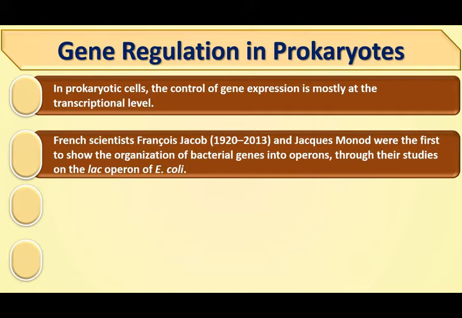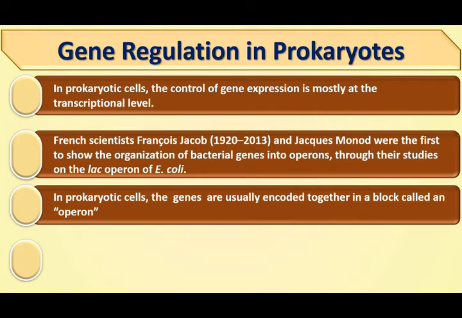They found that in E. coli, all the structural genes that encode enzymes needed to use lactose as an energy source lie next to each other in the lac operon under the control of a single promoter, the lac promoter. For this work, they won a Nobel Prize in Physiology in the year 1965.